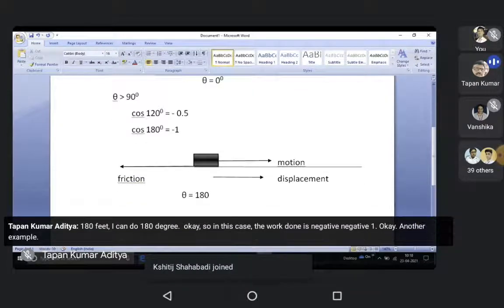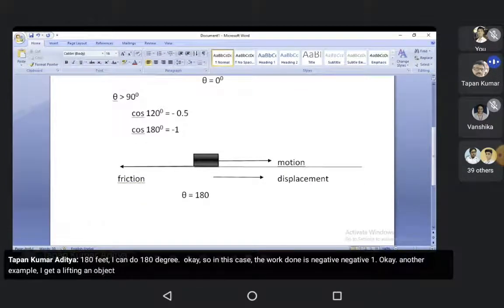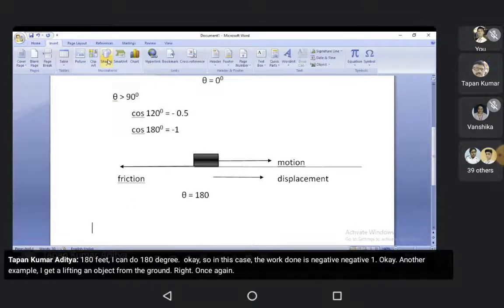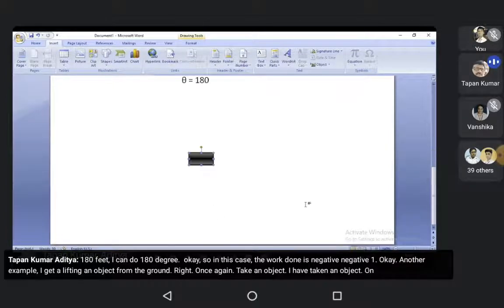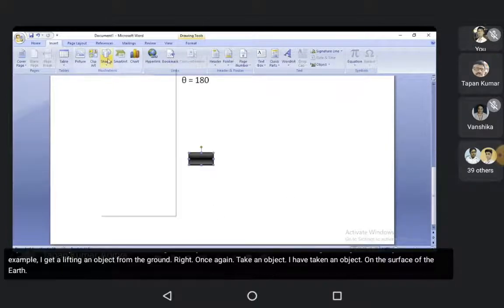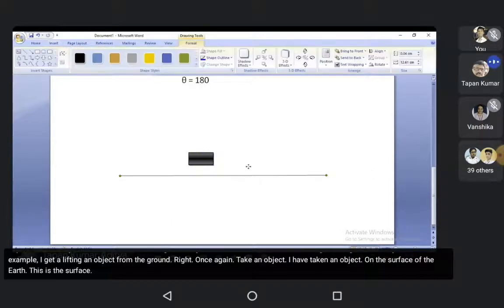Another example: lifting an object from the ground. Once again, take an object on the surface of the earth. This is the surface.